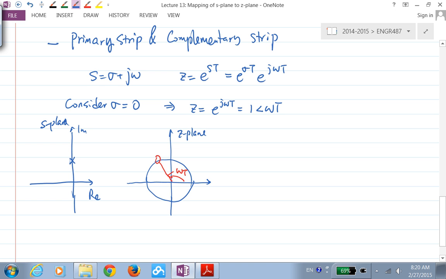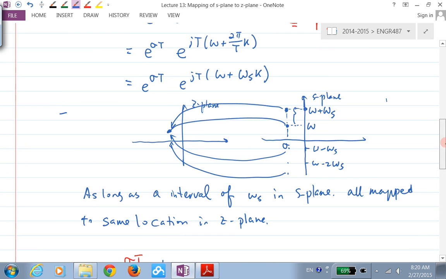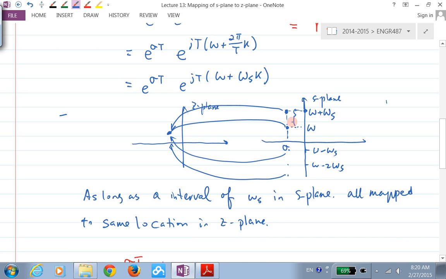So everywhere on the imaginary axis of the S plane will be mapped to here. However, if you remember the first observation, you have a sort of repetitive pattern here. As you're going along, they all map to the same location.